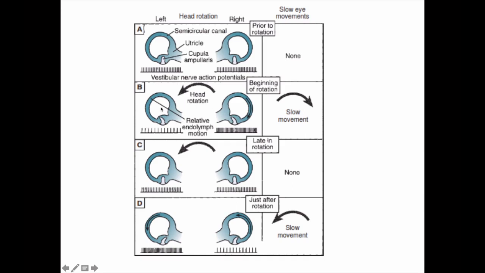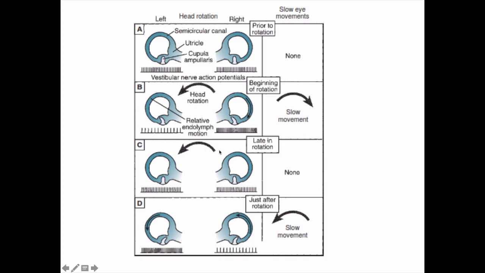Here on the opposite side, it is away from the kinocilium. So there is an inhibition here, whereas there is an excitation there. So at the beginning of the rotation, in the direction the head is being rotated there will be an excitation, and at the same time an inhibition in the opposite semicircular canal and the receptor which is in the same plane.